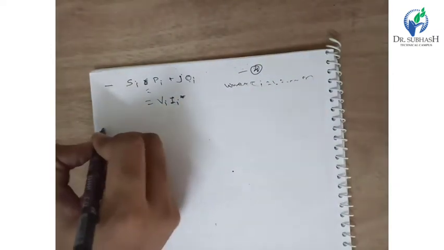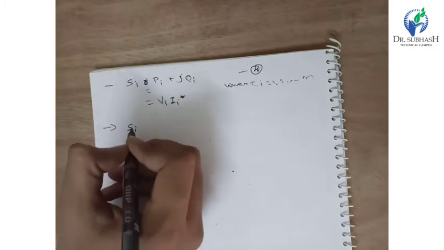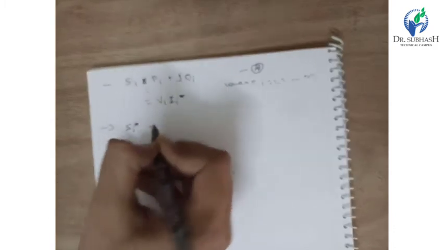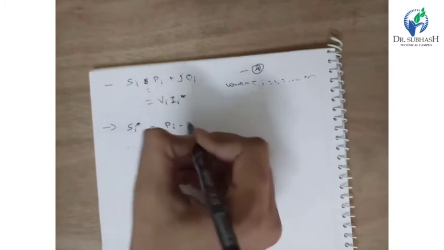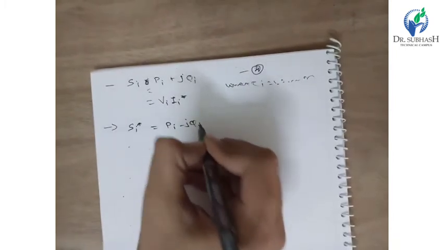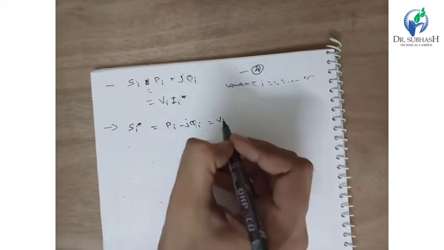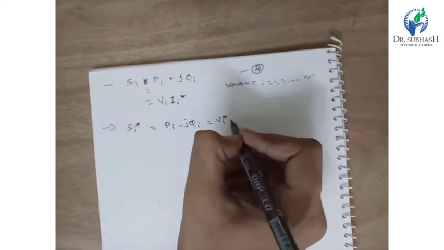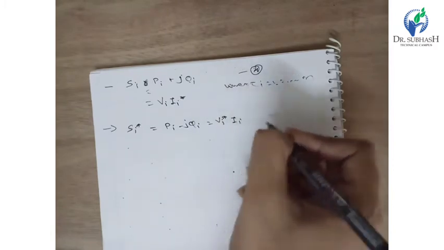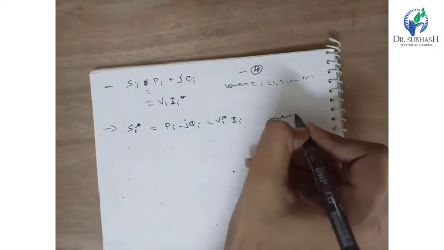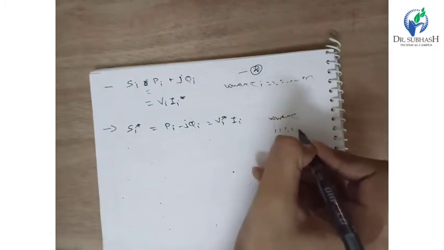Si conjugate is equal to Pi minus jQi, which is equal to Vi conjugate into Ii, where i is equal to 1, 2 up to n.